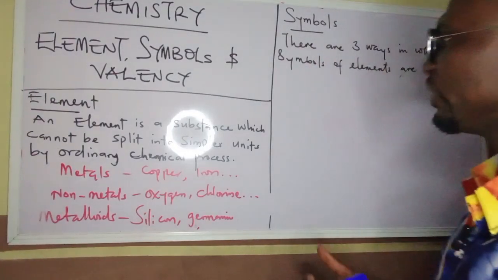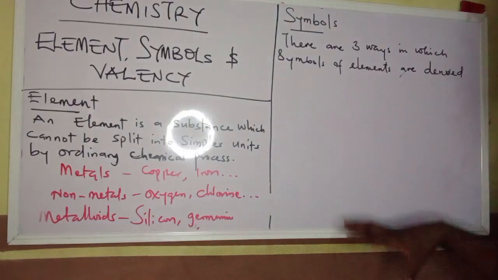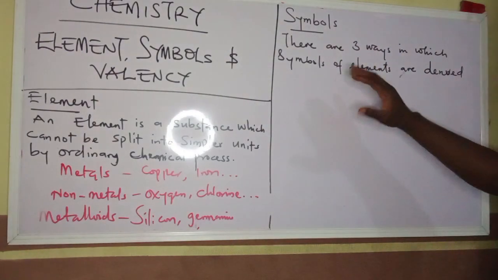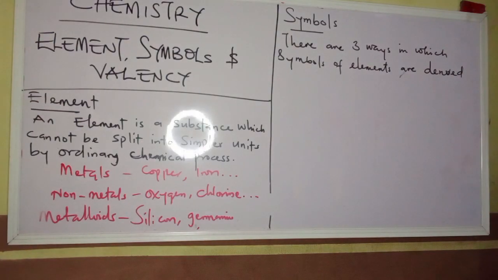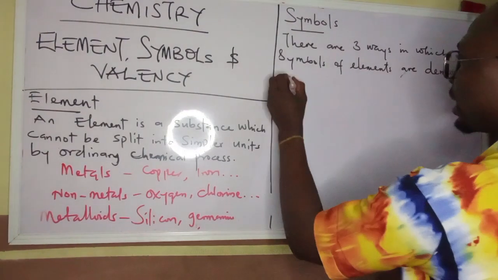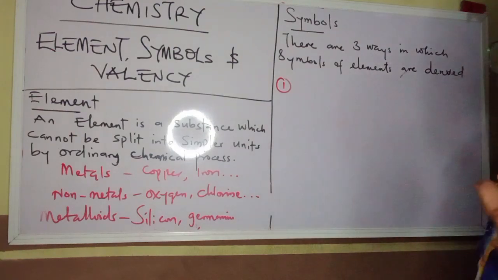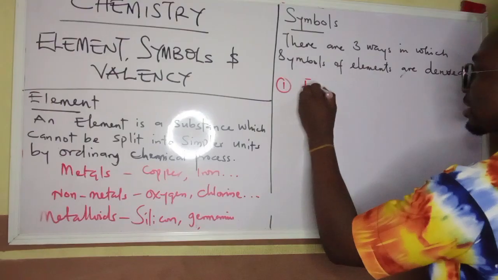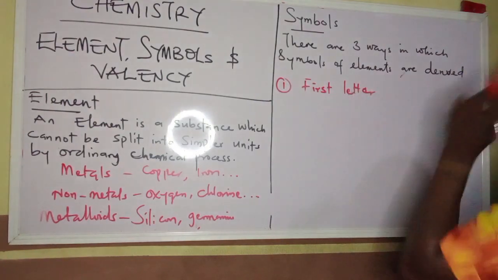So now, all these elements are represented by a symbol, and we have three ways in which the symbols of these elements are derived. The first one is the first letter of the element.